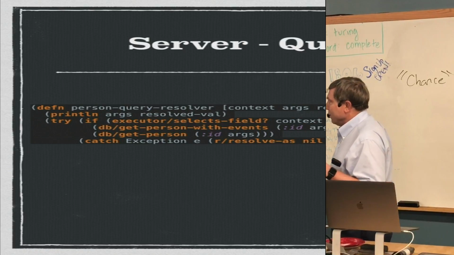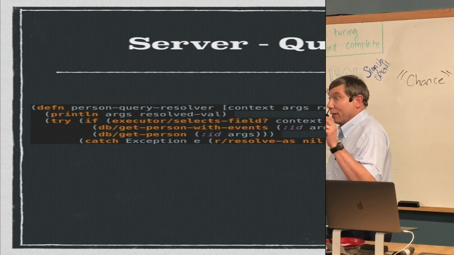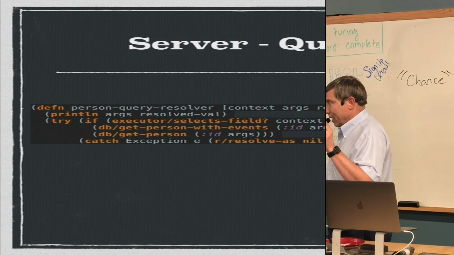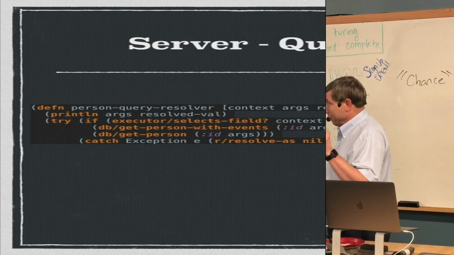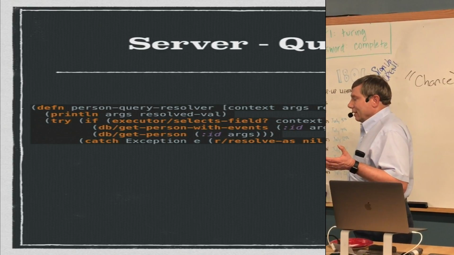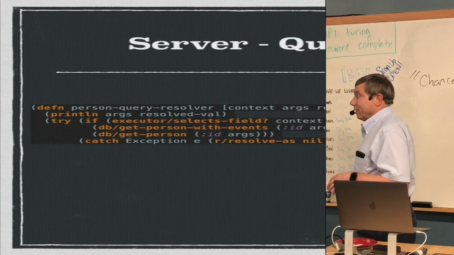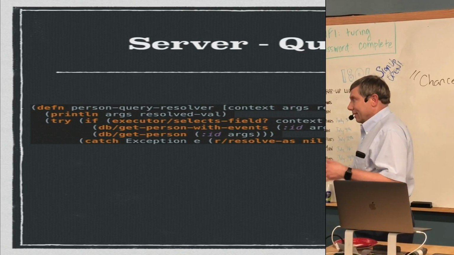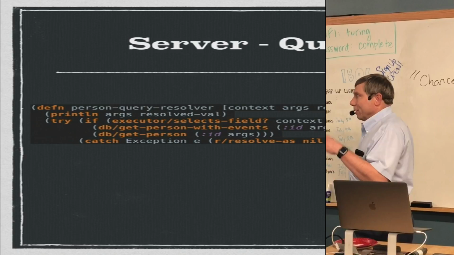So you have context, you have the arguments, which are literally the variables we had on the front end. And then you have the resolved value. The reason you have resolved value is that this can be a recursive process, or at least a multi-level process. So it'll pass the resolved values up and down the chain.